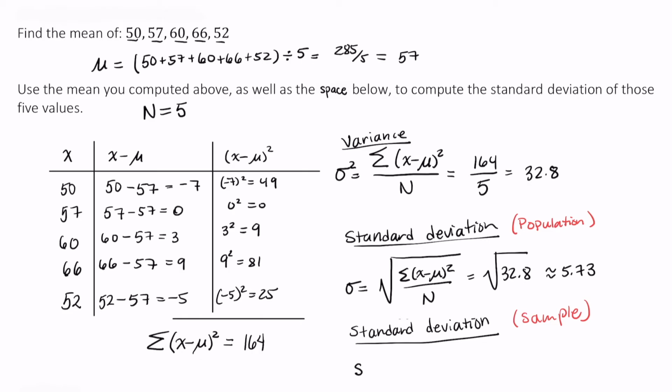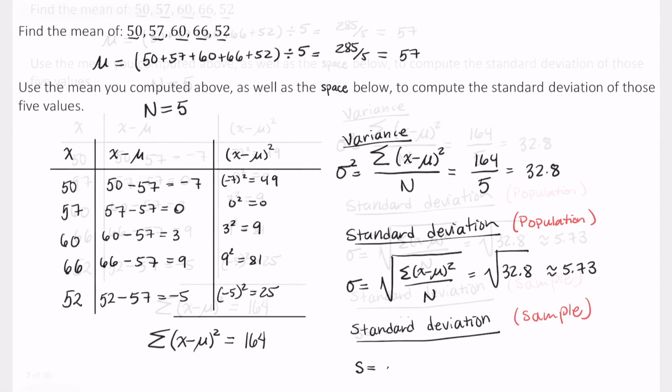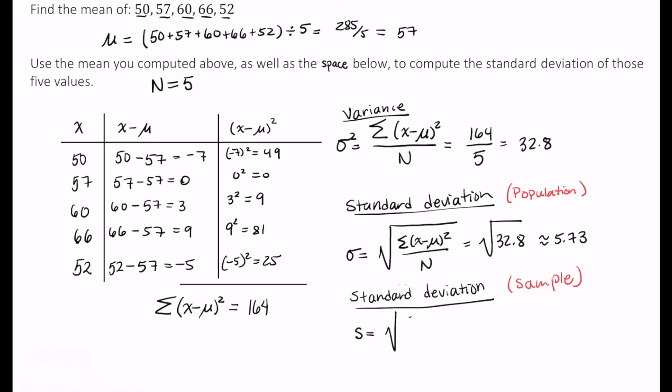We use the lowercase s instead of sigma, and we still take the square root of each value minus the mean, but the sample mean is denoted with x bar, the letter x with a bar on top. And now we take the number of elements in our sample and we subtract 1.